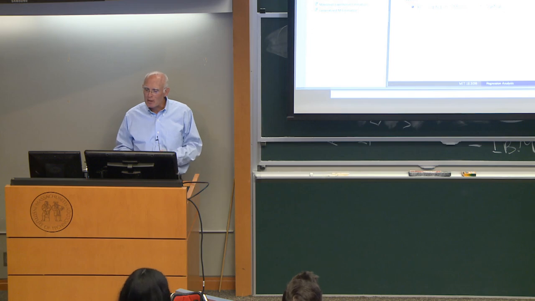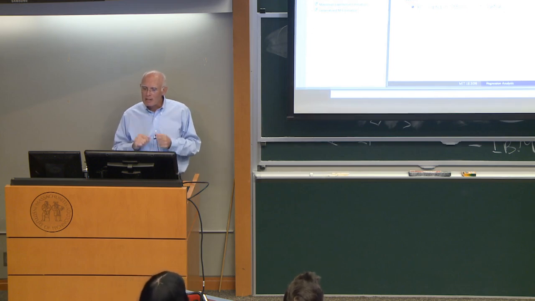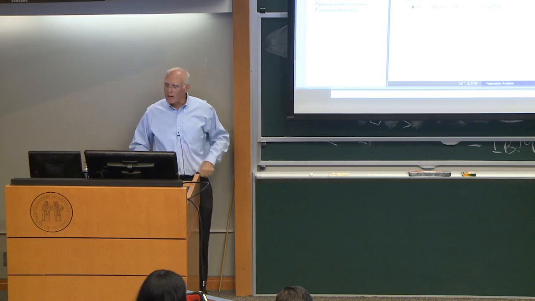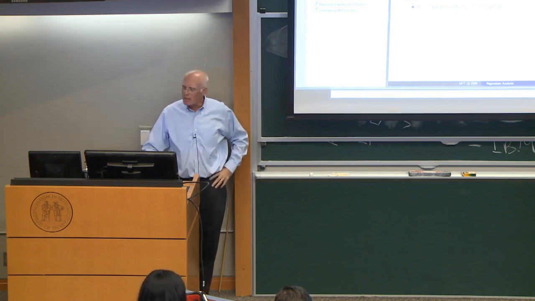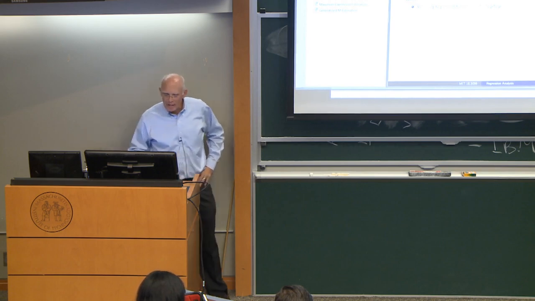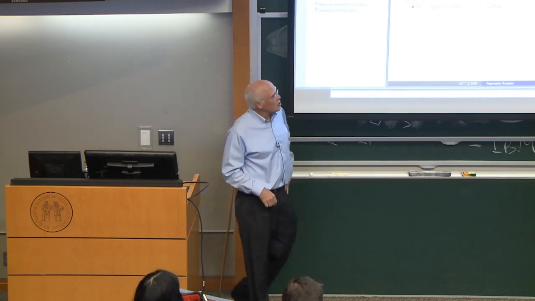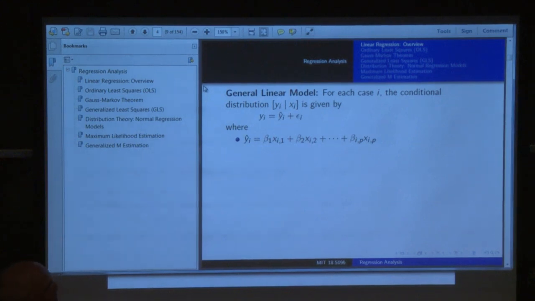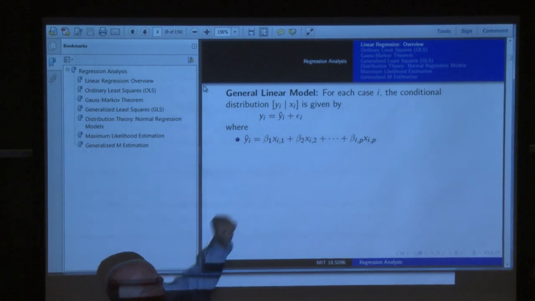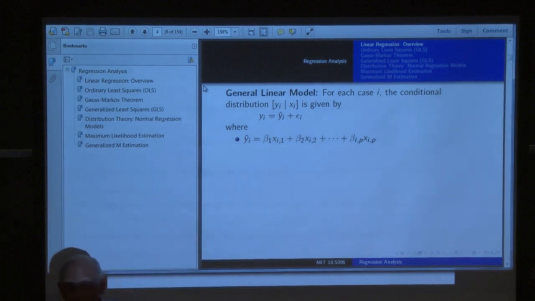Now we're in the mathematical context, and a linear model is basically attempting to model the conditional distribution of the response variable y_i given the independent variables x_i. The conditional distribution of the response variable is modeled simply as a linear function of the independent variables.